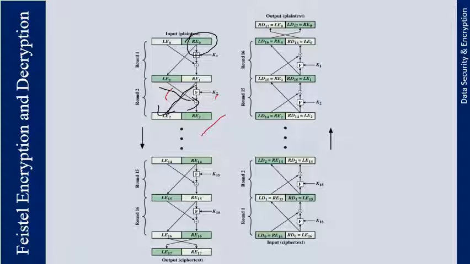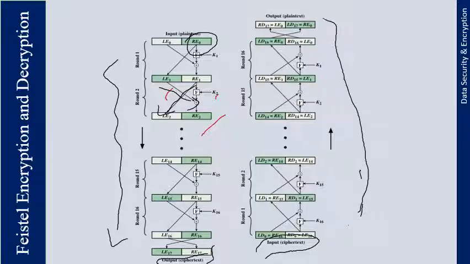So continuing these operations from round 1 to round 16, you produce an output called cipher text. On the other hand, if you want to decrypt the same ciphertext, you provide the input as ciphertext to the decryption algorithm, and the rounds are used in the reverse order to produce the original output, such as plain text.